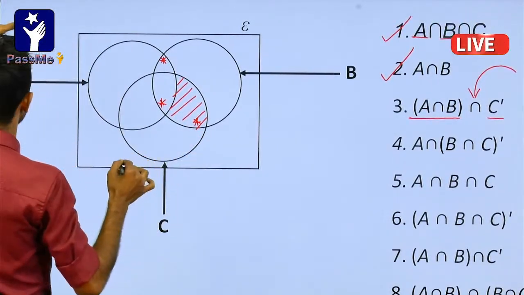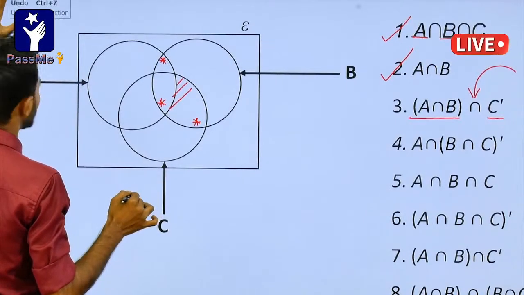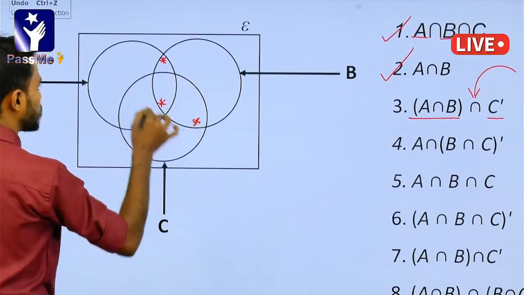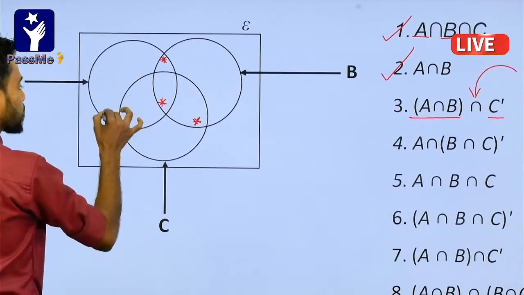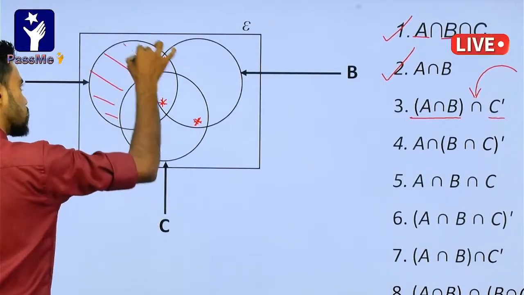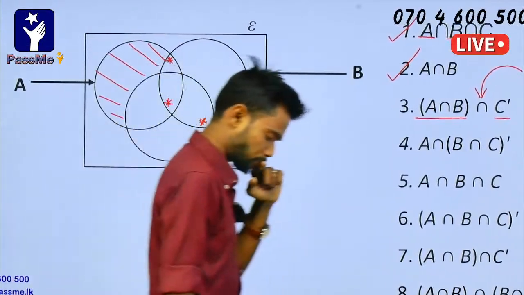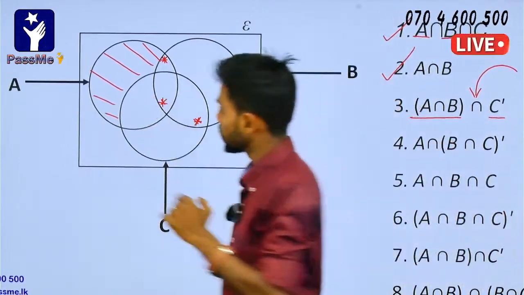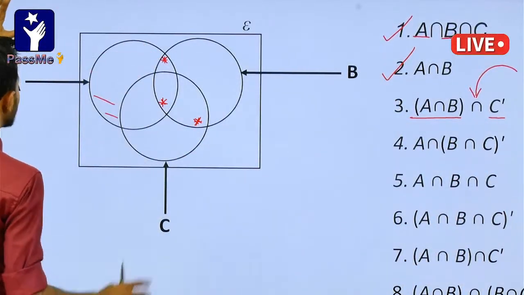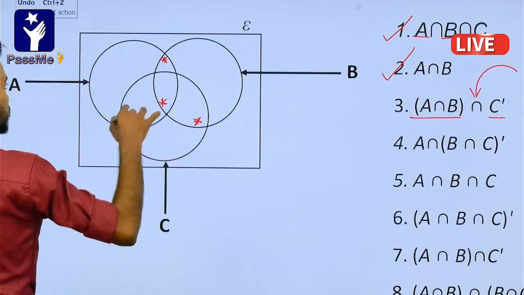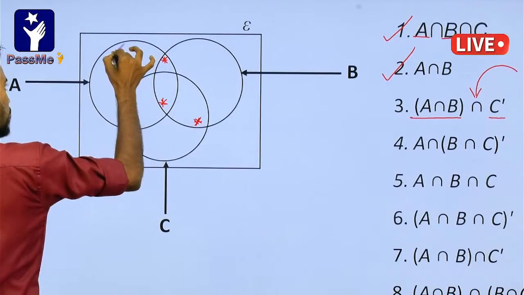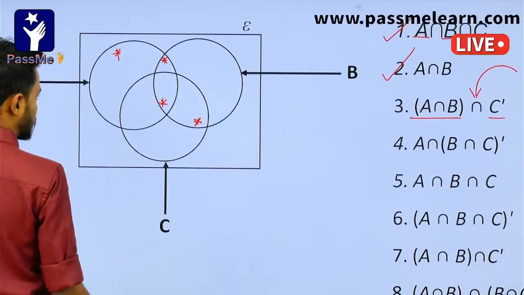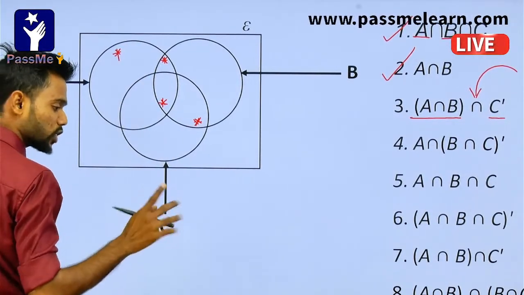I will introduce this one like this. If you want to shade this region, you can shade it like this. But the same thing you can do like this. If you have a notation like this, now you need to shade.